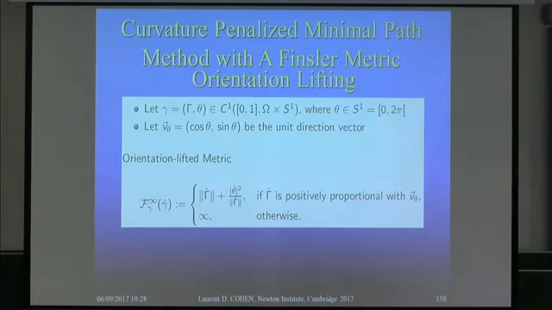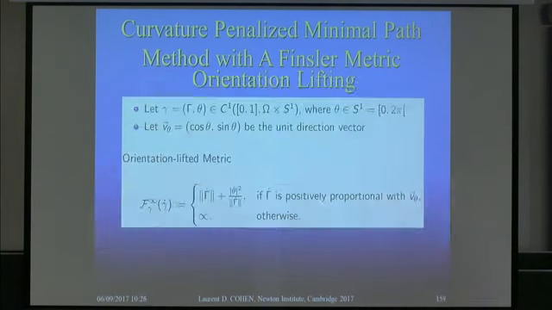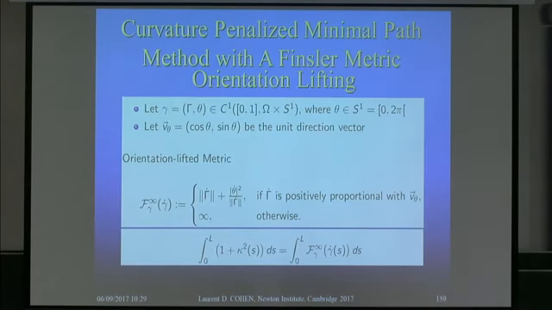So it is solved numerically a little more smoothly, and it allows you to find the global minimum of this elastica between two points. Okay, so this is what I said.